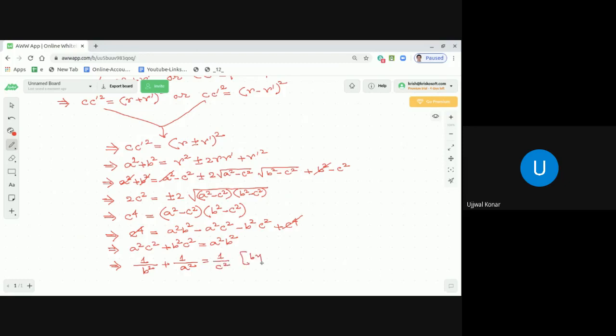Here we are writing this by dividing both sides by a square b square c square. Obviously a square b square c square is not equal to 0, otherwise the question would not make any sense. And we are able to prove it.